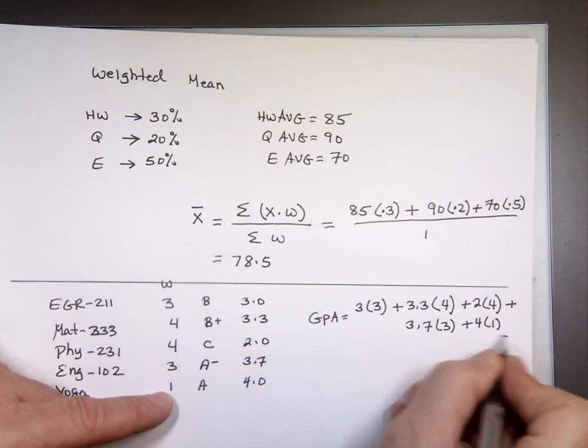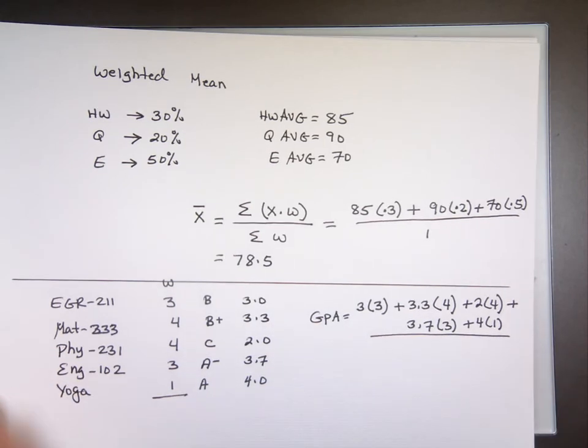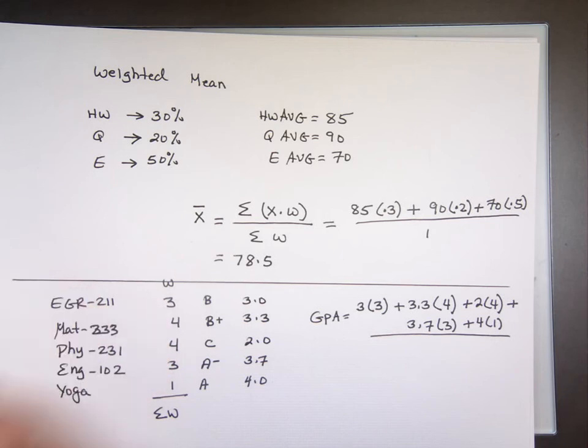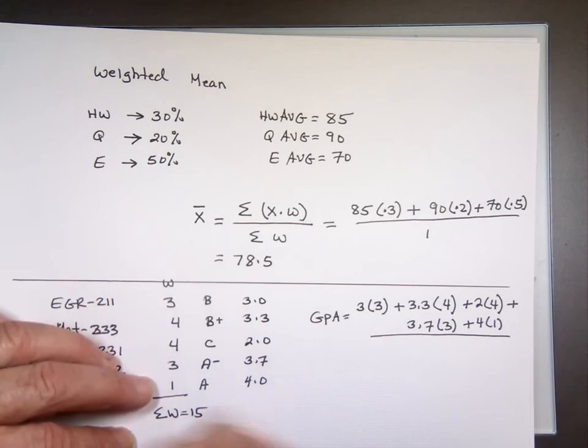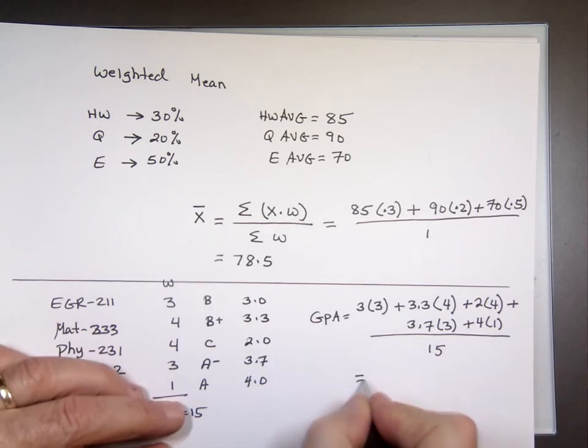Divide that by the sum of W. How many credits are you taking? 3 and 3, 6, 10, 15. And now we got your GPA for this semester.